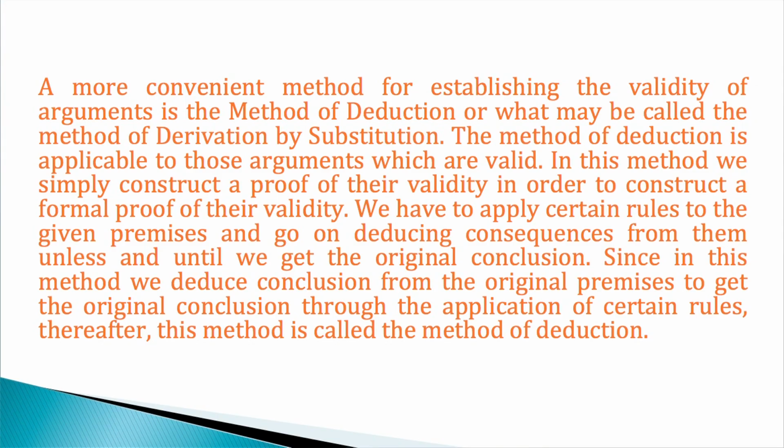Since in this method we deduce consequences from the original premises to get the original conclusion through the application of certain rules, this method is called the method of deduction.